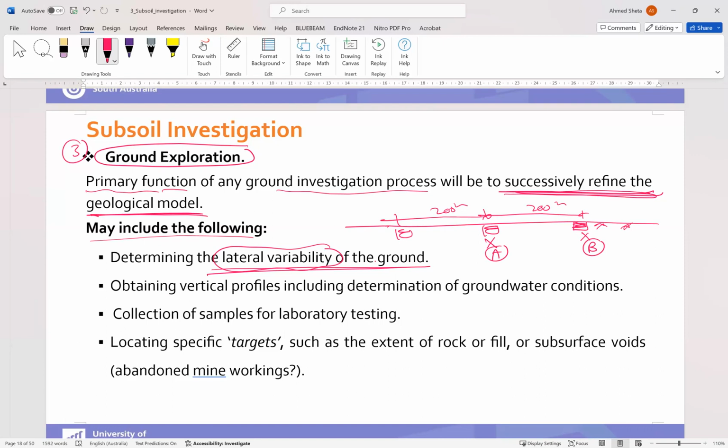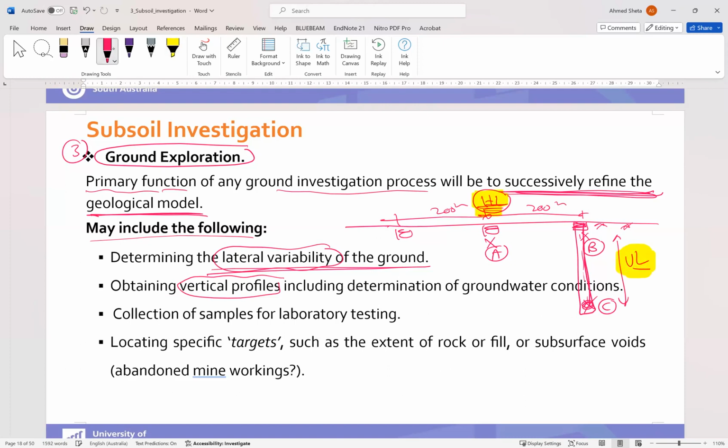It also includes obtaining vertical profiles. So we will have to do another point, maybe a borehole, to see how much the soil changes vertically as well. We need to know how much the soil varies horizontally and how much it varies vertically.